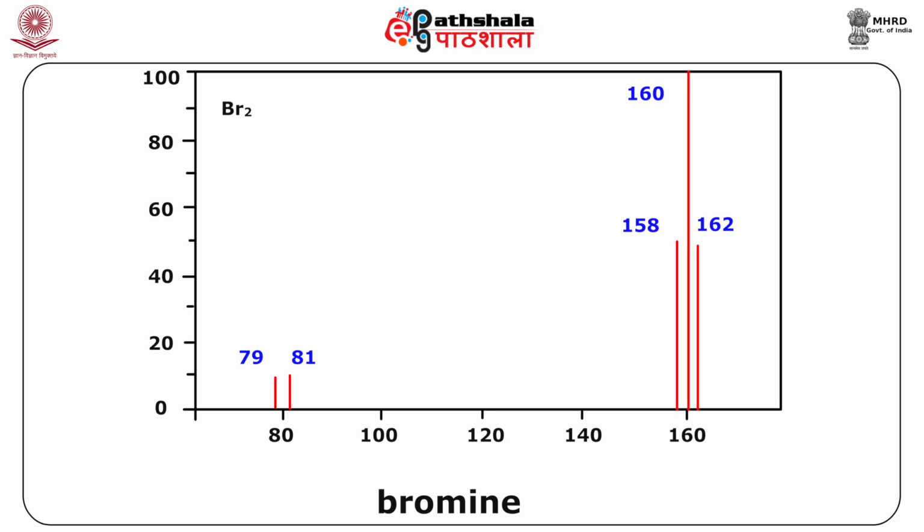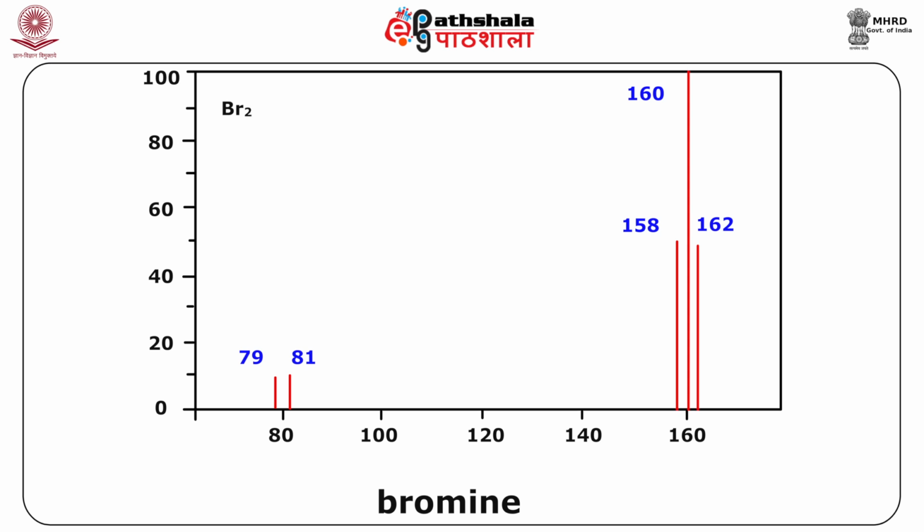Thus, the bromine molecule may be composed of 2 bromine-79 atoms, so the mass is 2 into 79, equal to 158 AMU; 2 bromine-81 atoms, the mass will be 2 into 81, equal to 162 AMU; or the more probable combination of bromine-79 and bromine-81, so the mass will be 160 AMU after adding 79 and 81.